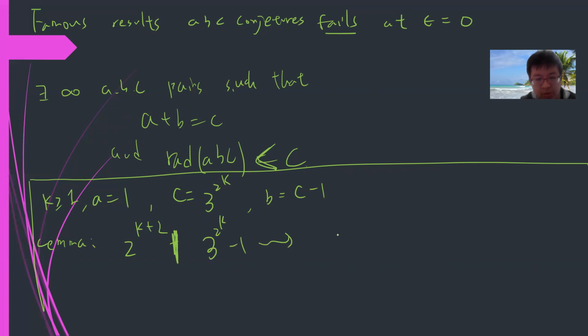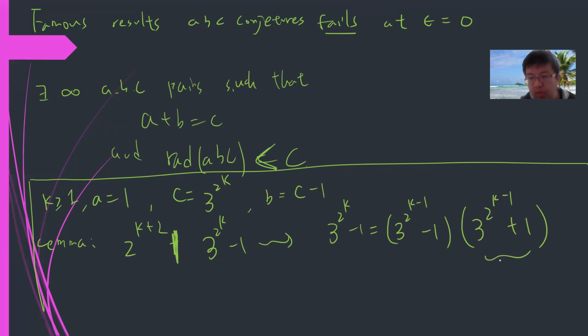This can be proved by induction. 3 to the 2K minus 1 can be written as 3 to the 2K minus 1 times 3 to the 2K minus 1 plus 1, so this gives extra factors of two. You can start from K equals 1 and prove this is true, and then use induction.